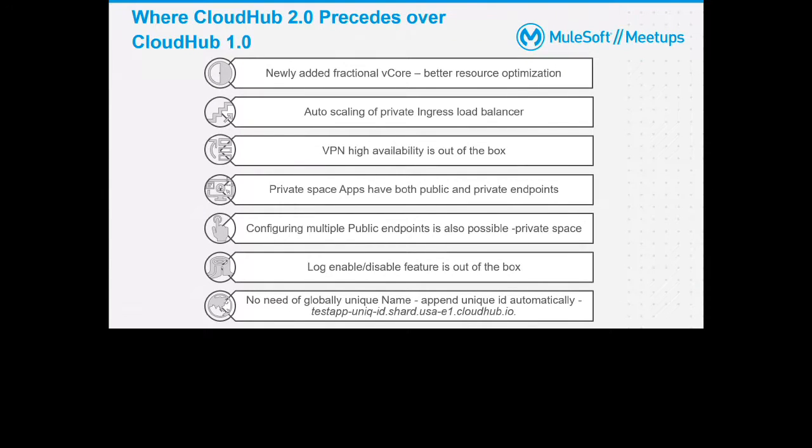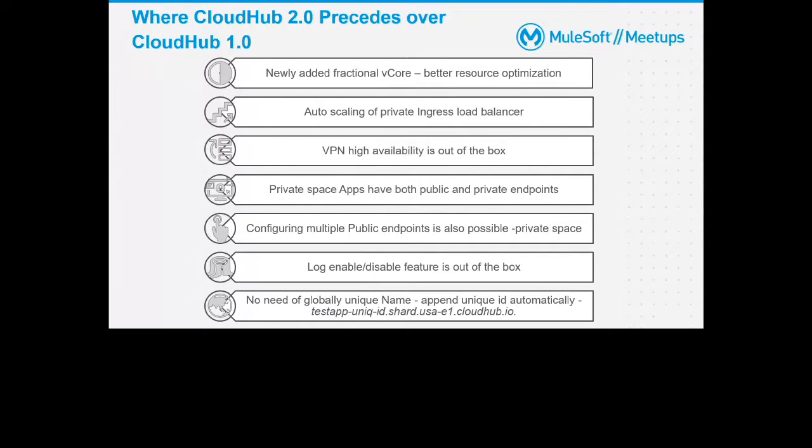But here that globally unique name is not needed, because when you deploy the API, CloudHub 2.0 will automatically append a 6-digit unique ID to it, which will ensure that your API name is always unique across the globe.